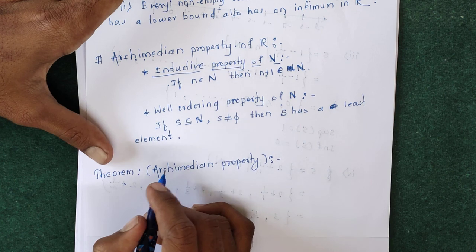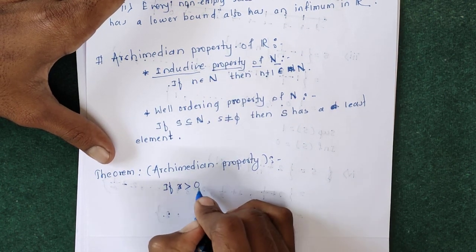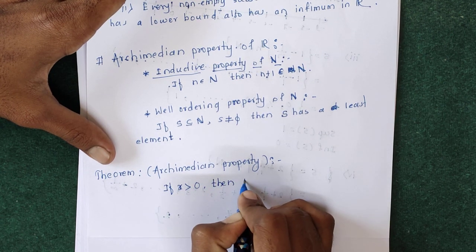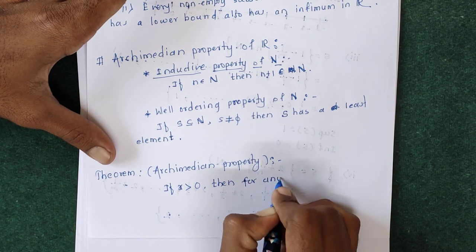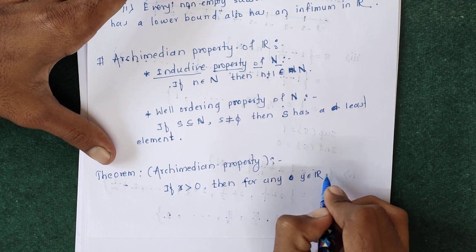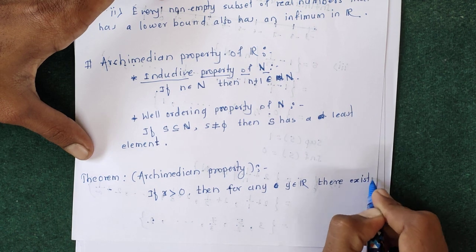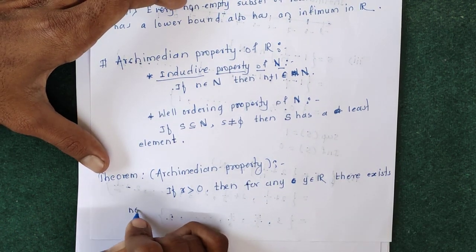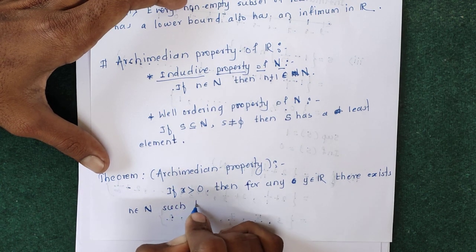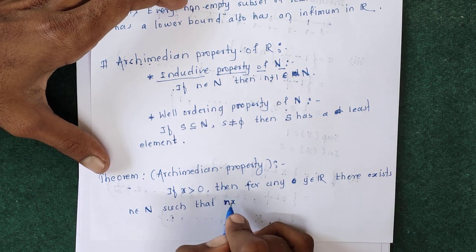The statement of the theorem is: if x is greater than 0, that is, x is a positive number, then for any real number y, that is, for any y belongs to R, there exists a natural number n belongs to N such that n into x is strictly greater than y.